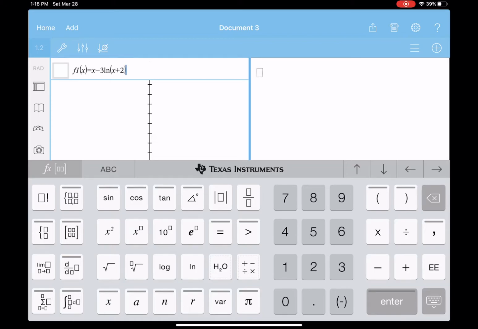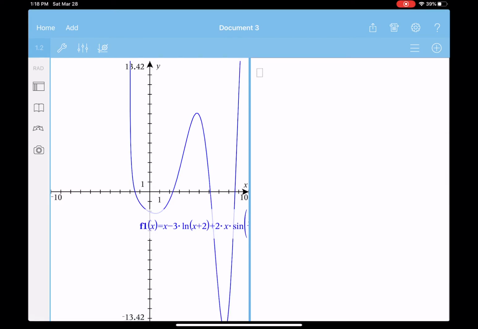Okay, get out of the parentheses, and then plus 2x. Go ahead and hit your times symbol so it doesn't get confused before you hit the sine of, and then we have a fraction in here, and it is x squared over 12. Enter, bam, there it is, and there's even a graph.